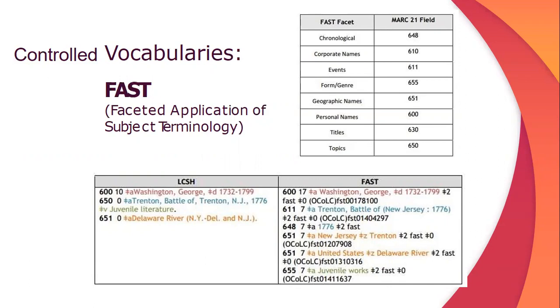FAST is a nine-facet vocabulary with a universe of approximately 1.8 million headings across all facets.